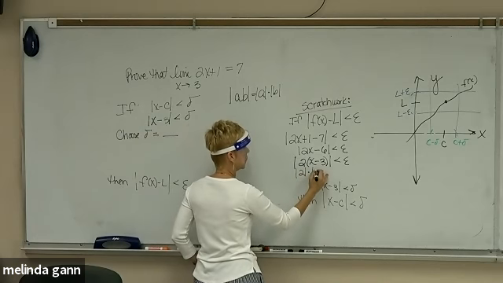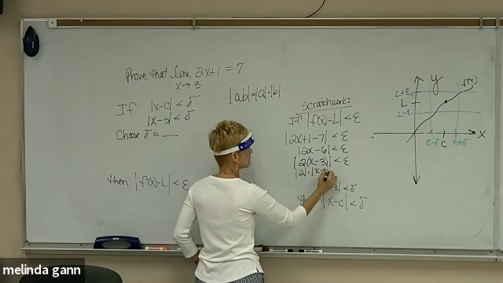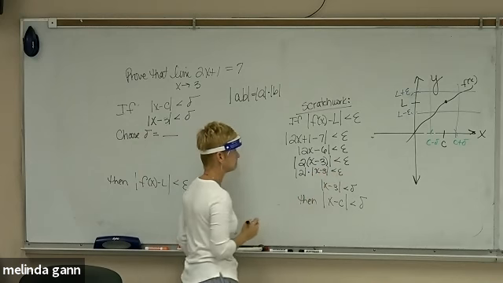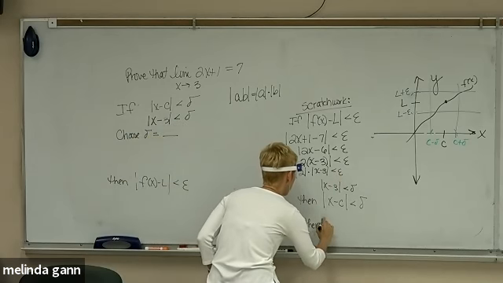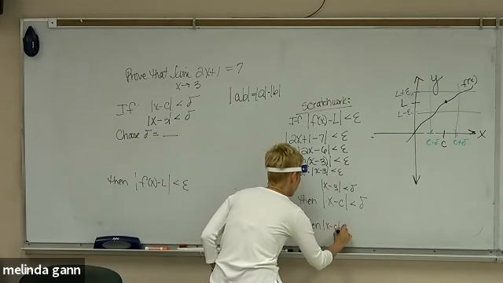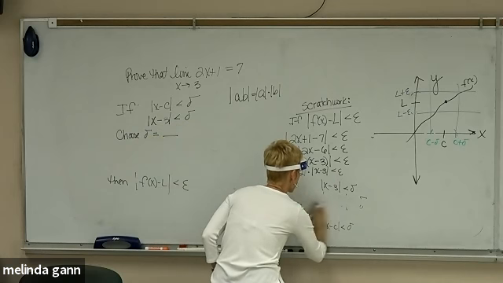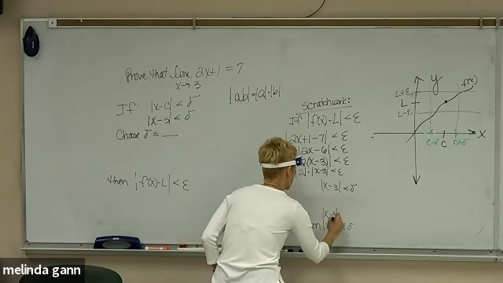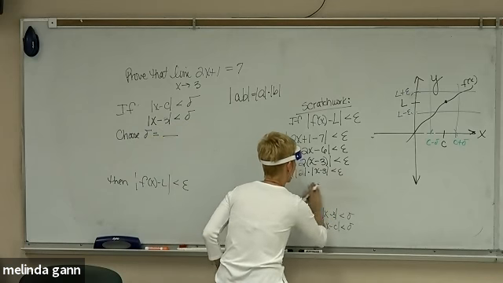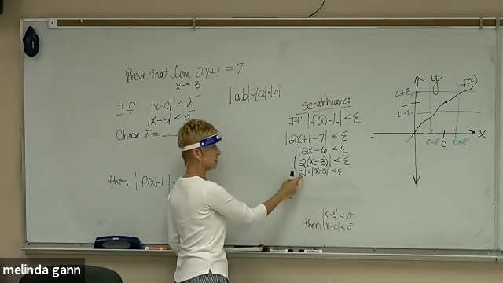The absolute value of what? X minus 3. I'm going to drop mine a little bit because I'm running out of room. Now, what's the absolute value of 2? 2.